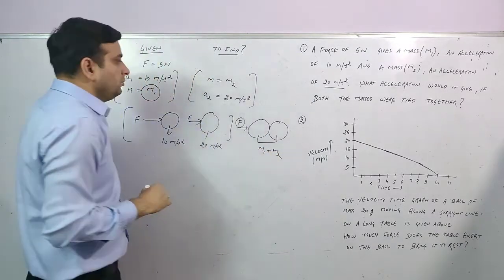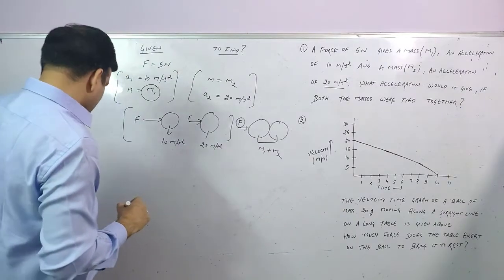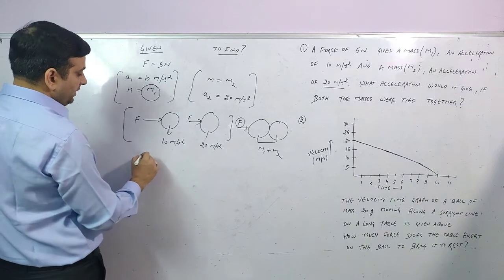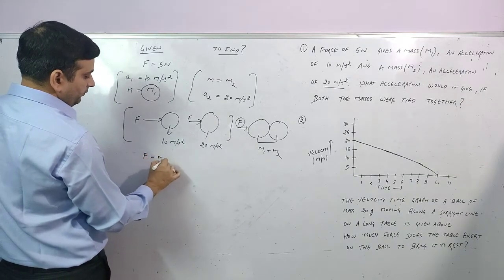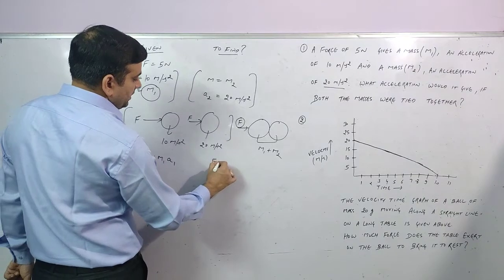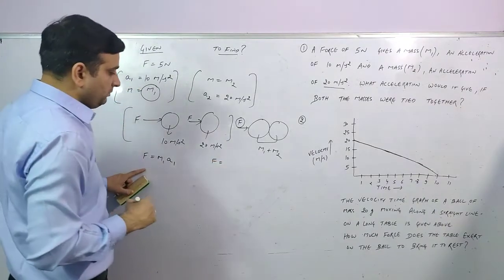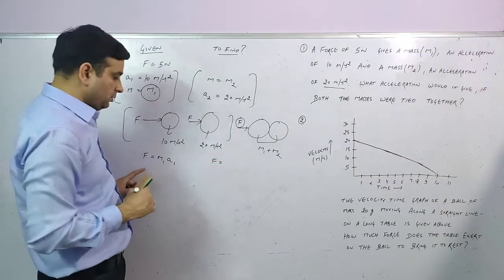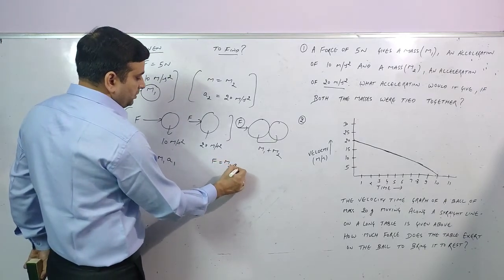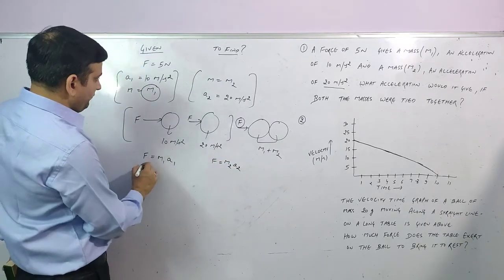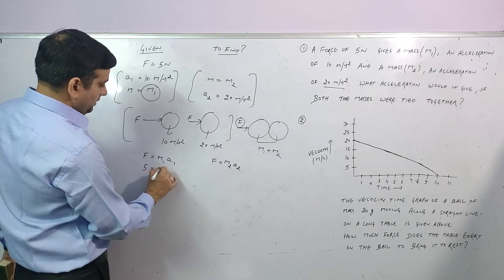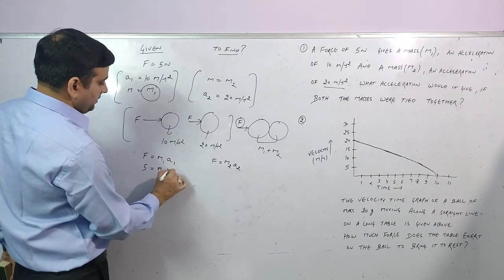So first we have to calculate the value of m1 and m2. How can we calculate the value of m1 and m2? By applying Newton's second law. In the second case, F, because the value of force is the same, that's why I am writing only F. You can also write F1, F2, but in both cases the value of force is the same. Now F is 5, m1, acceleration is 10.